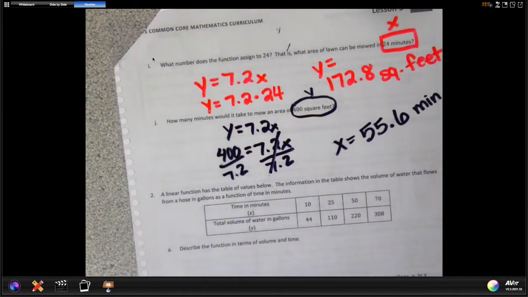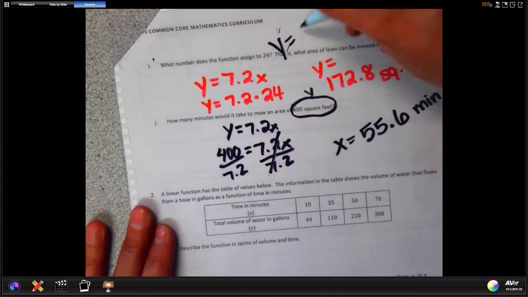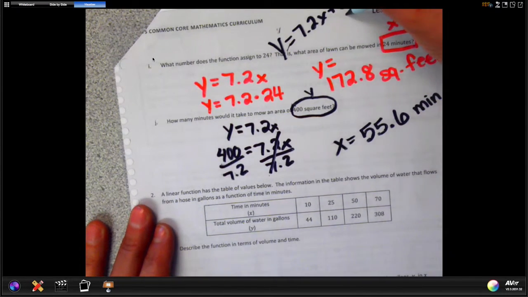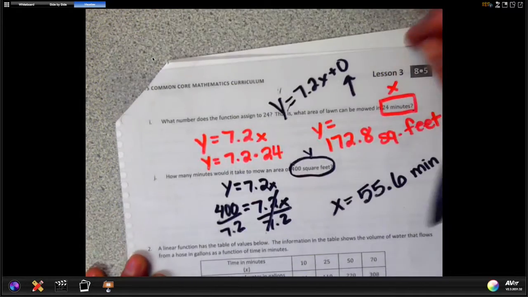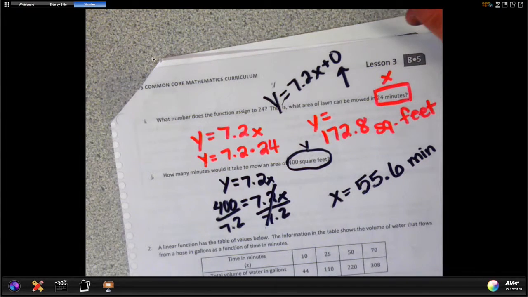Okay, and so we're just applying that. Now, one thing I do want to point out before we end the session is that in our rule we have had y equals 7.2x plus 0. This value right here, this starting amount, has been 0 a lot. Now, in the questions that follow in the lesson, there are going to be some where your starting amount is not 0.